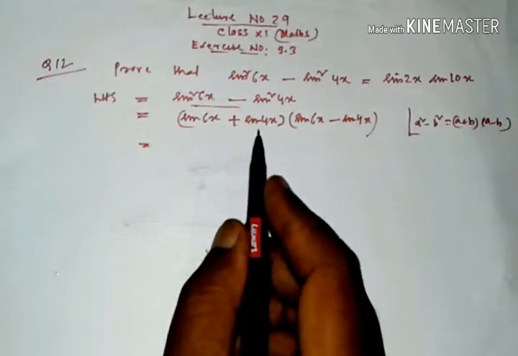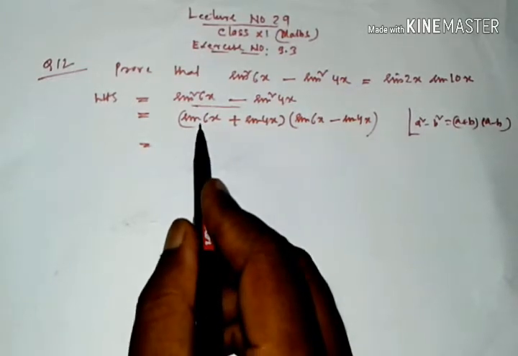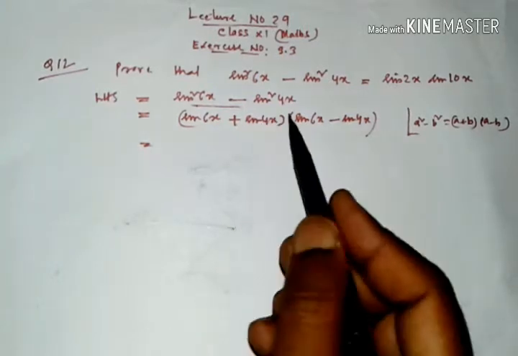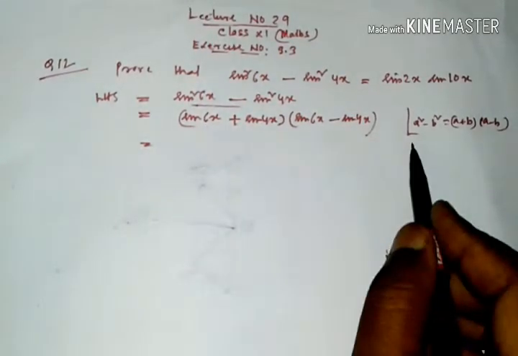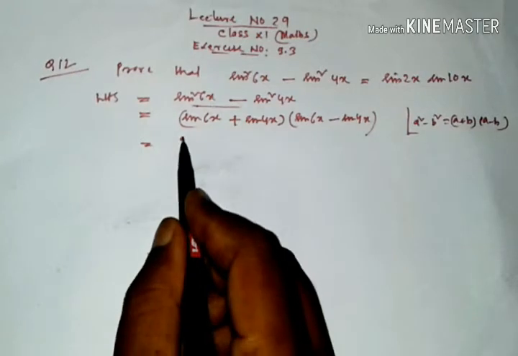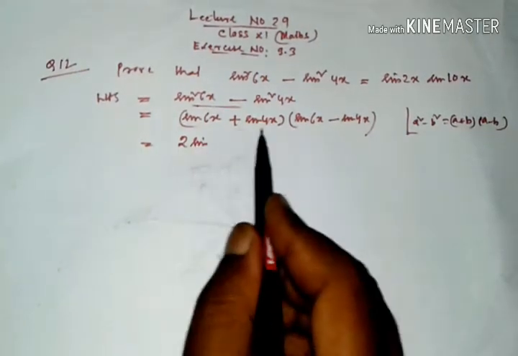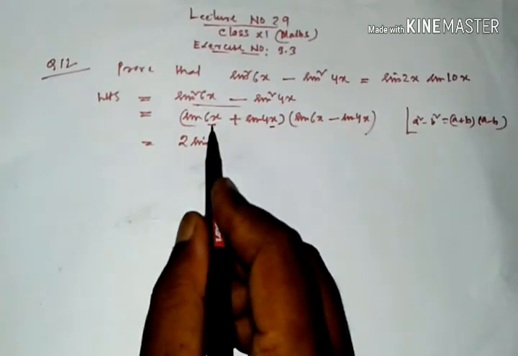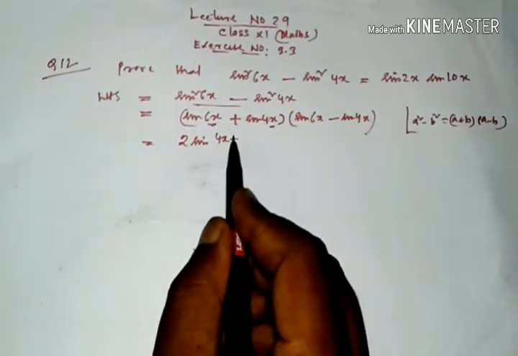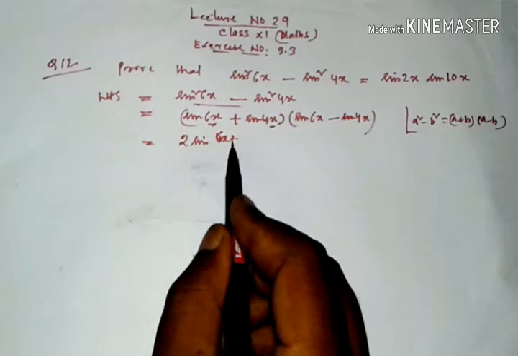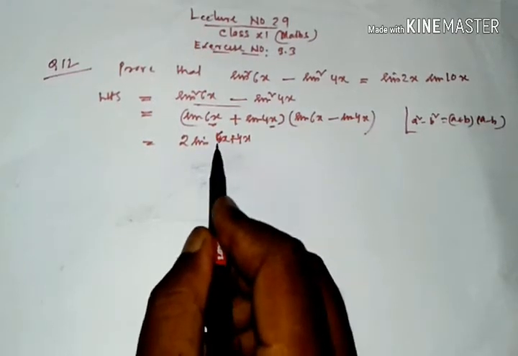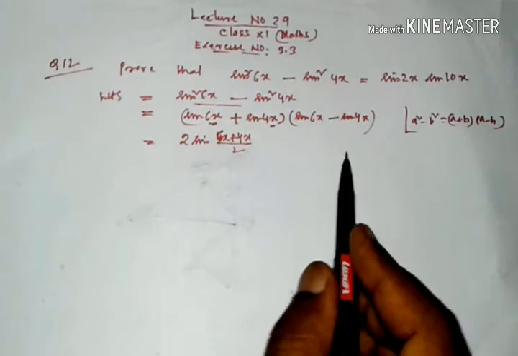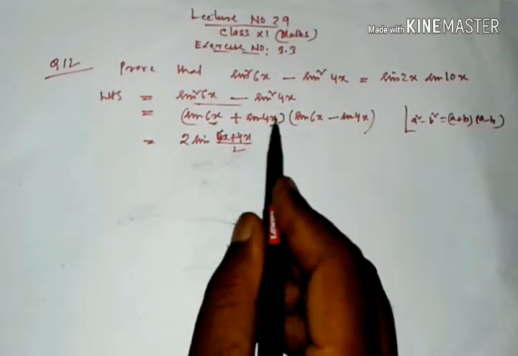We have got in the last class sin a plus sin b is 2 sin (a plus b) by 2, that is (6x plus 4x) divided by 2, next cos (a minus b) by 2. This is the formula.